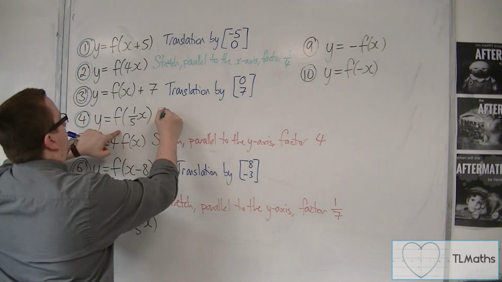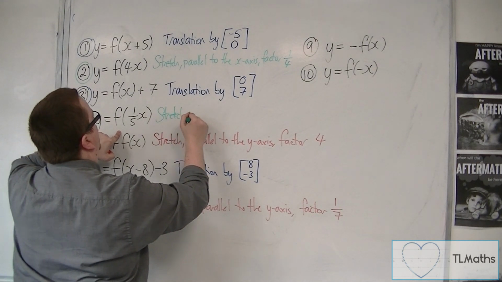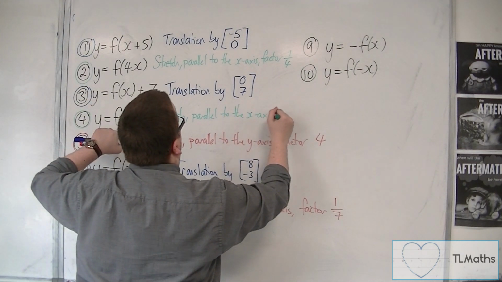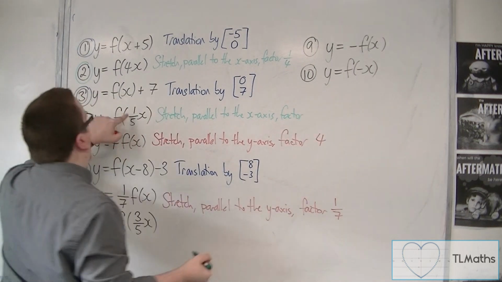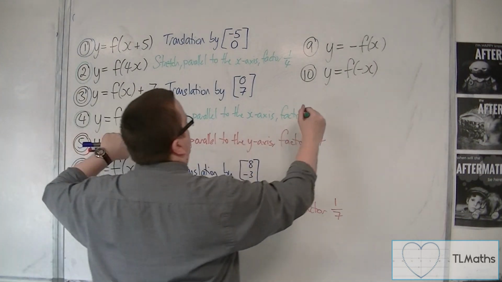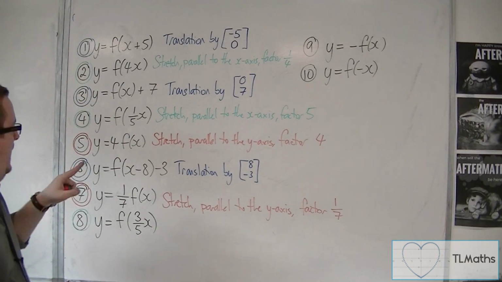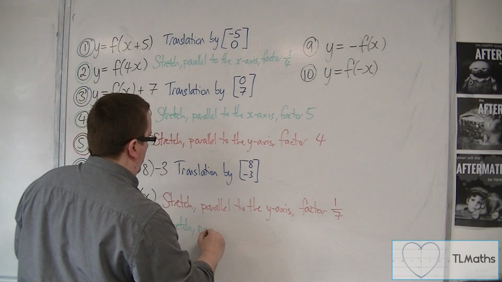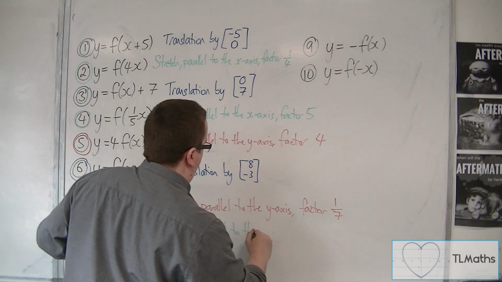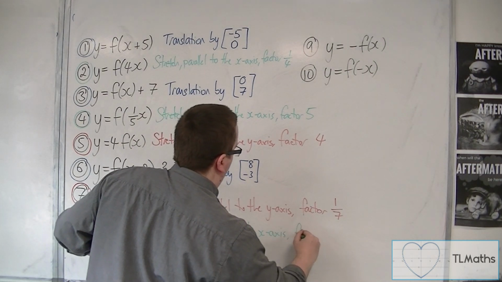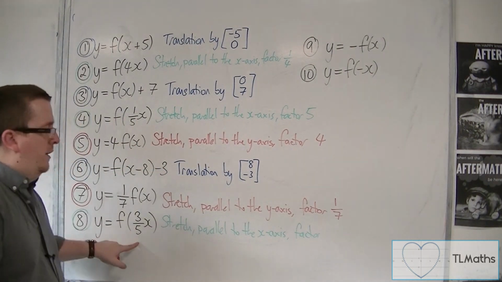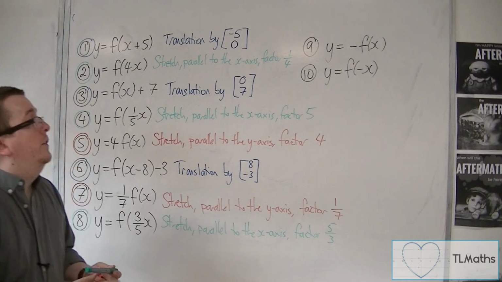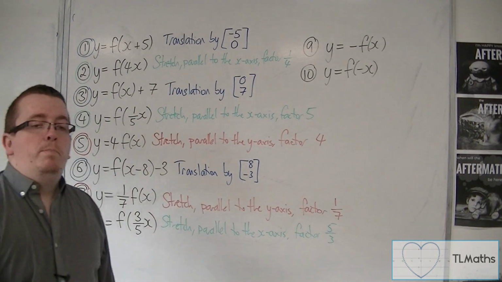For number 4, we have a stretch parallel to the x-axis, and this will be factor 1 over 1/5, so 5. And number 8 is a stretch parallel to the x-axis, factor 1 over 3/5, so 5/3.